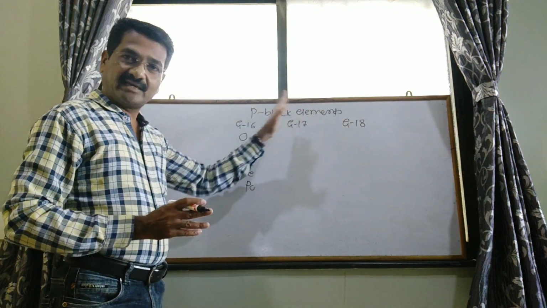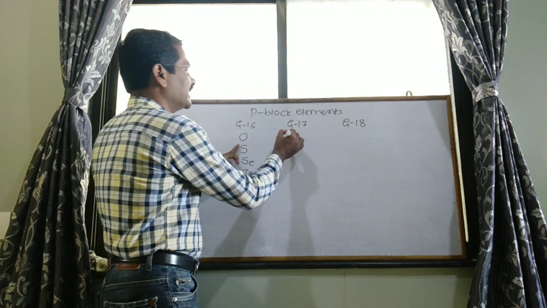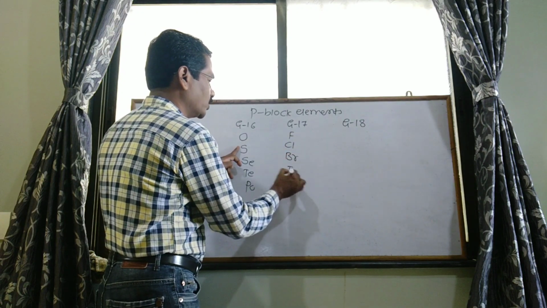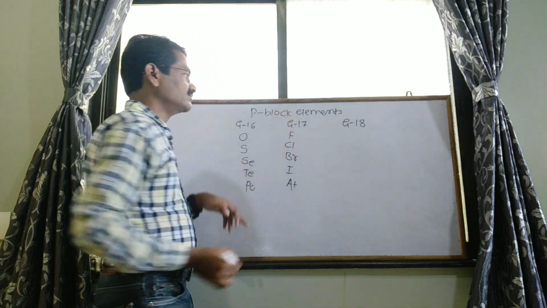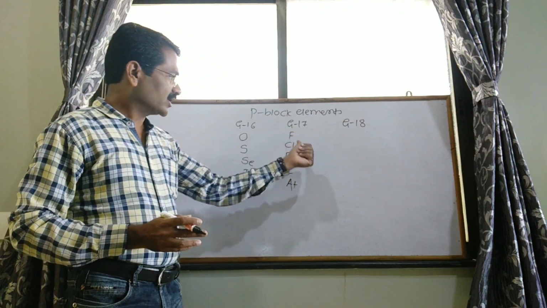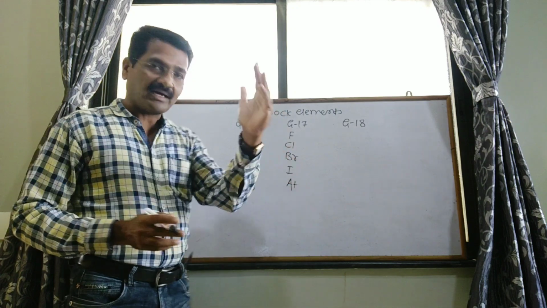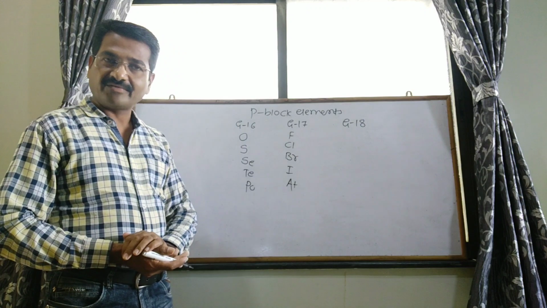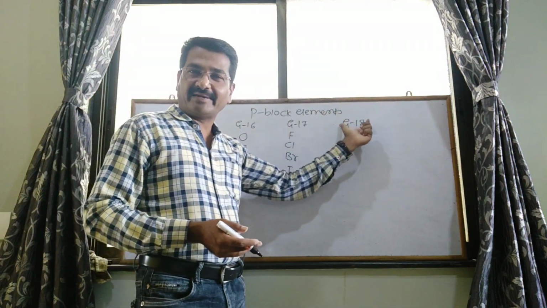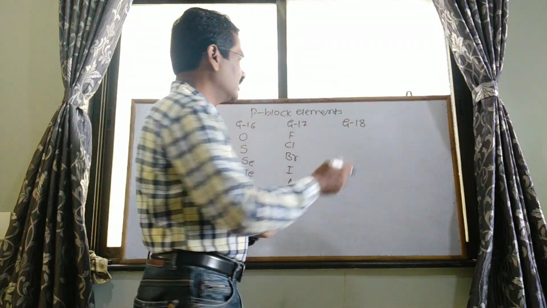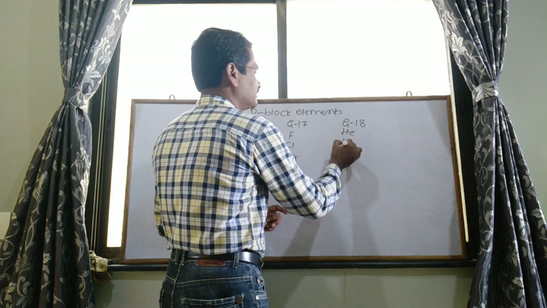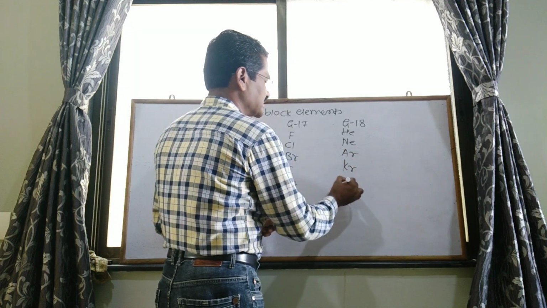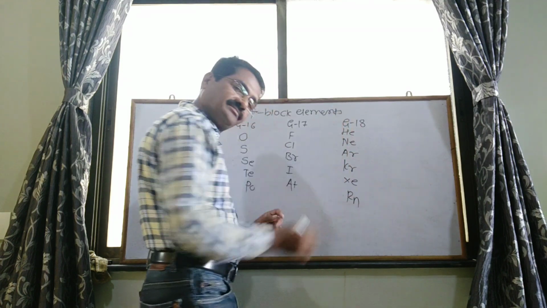In group 17 we have fluorine, chlorine, bromine, iodine and astatine. While the last group, group 18, includes helium, neon, argon, krypton, xenon and radon.